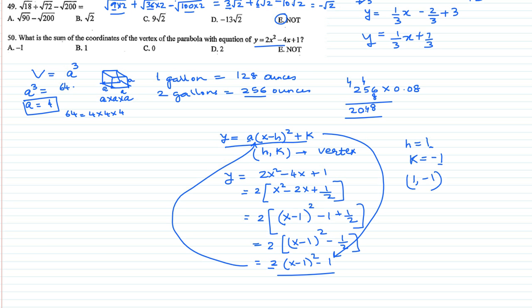So the vertex is 1 comma minus 1. So the question over here is, what is the sum of the coordinates of the vertex? So the sum is 1 minus 1, which is equal to 0. So we select C as the answer.